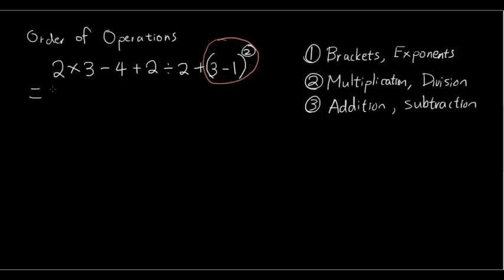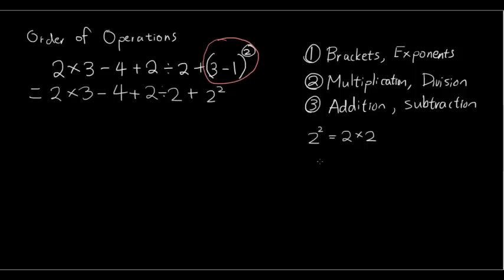Copy down everything else. 2 by 3 minus 4 plus 2 divided by 2 plus. Now 3 minus 1 is 2. So we've done the brackets. 2 to the power of 2. 2 to the power of 2 is the same thing as 2 times 2.